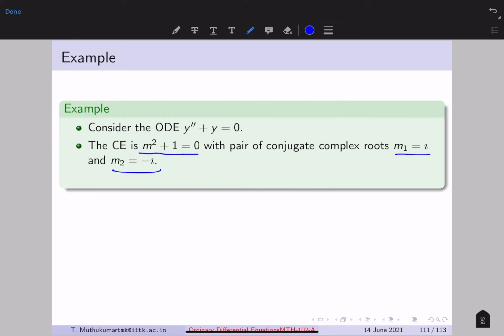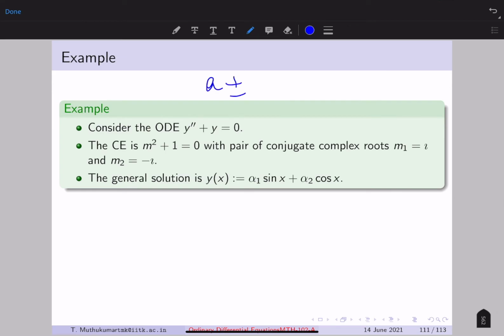So the corresponding solutions are, as I said, for m1. In this case, the real part is 0 and the imaginary part is plus or minus 1, right? So the general solution is e^(ax) with a plus or minus ib, where a is 0 and b is 1.